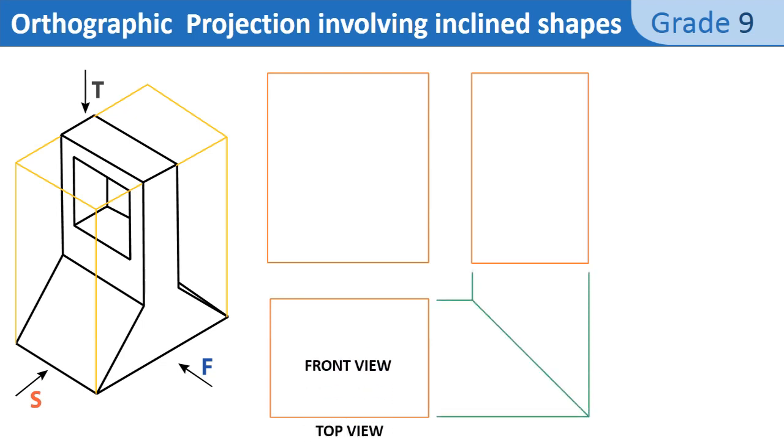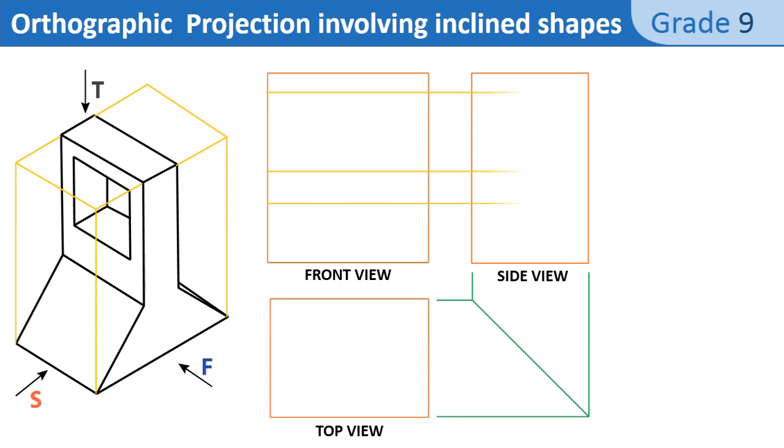Now I draw the construction lines which will help me to draw the front view. Every construction line will be projected on the side view and the top view. This is why we call them projection lines. Now I draw the front view using outlines.